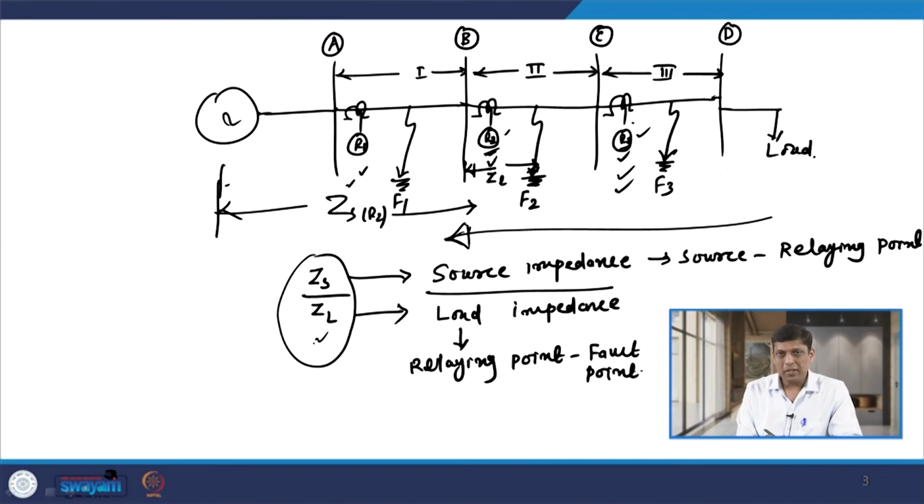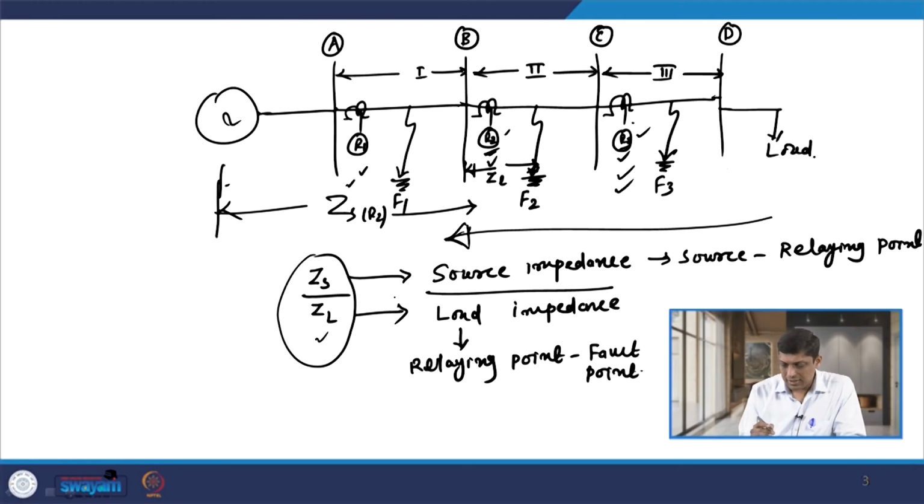The instantaneous overcurrent relay works on the current discrimination philosophy, and current is directly associated with this ratio of impedance. As this ratio changes, the current value also changes, and that affects the operation of the instantaneous overcurrent relay.